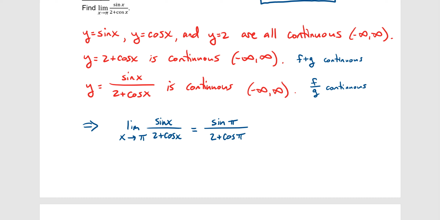Limit as x approaches a of f of x equals f of a. We plug this in and we go ahead and we simplify it. That's going to be 0 over 2 minus 1, or 2 plus negative 1. So we get a value of 0 for that limit. So kind of a long way to do it, but we had to show that it was continuous, and then we could just plug it on in.